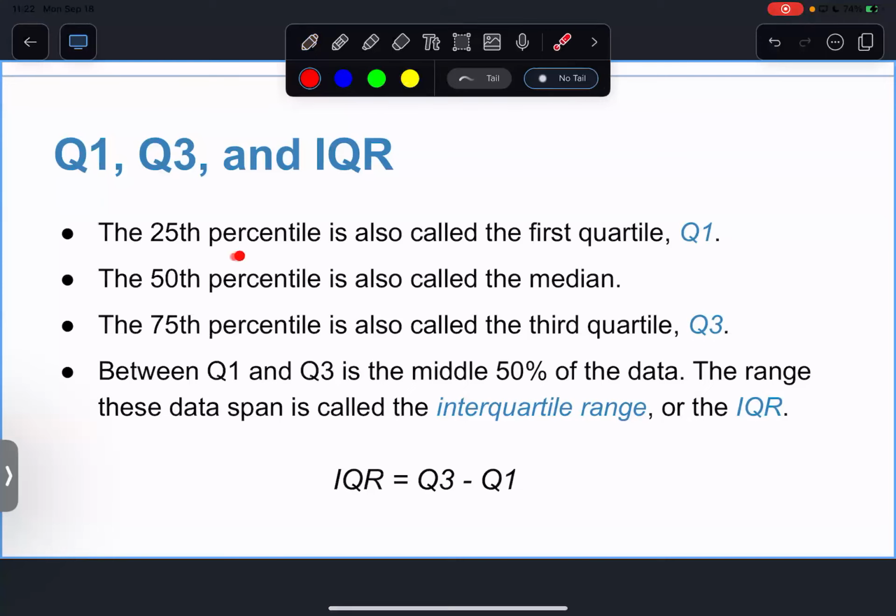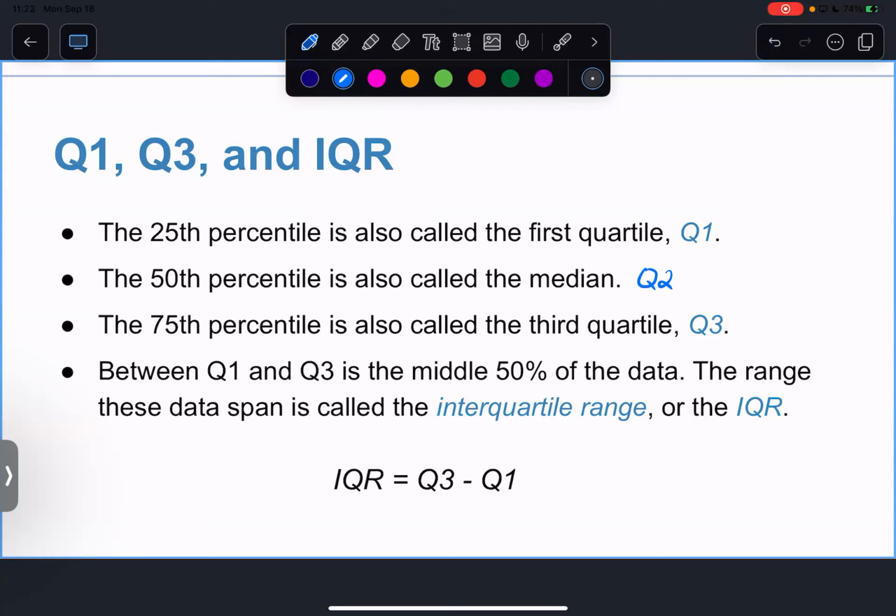The 25th percentile is also called the first quartile, the first quarter of the data, which we denote by Q1 traditionally. Usually it's a Q subscript 1. And then, of course, the 50th percentile is the median. If you want to get wild here, you could call the median Q2, right?